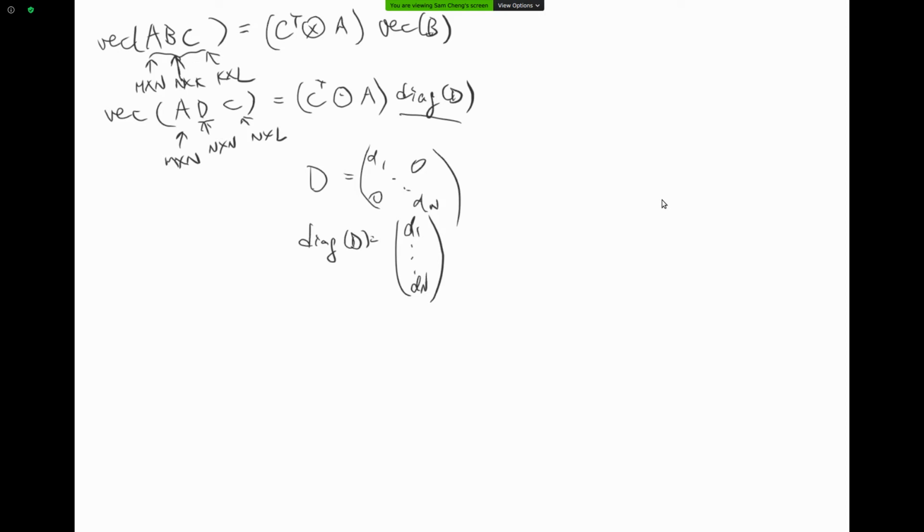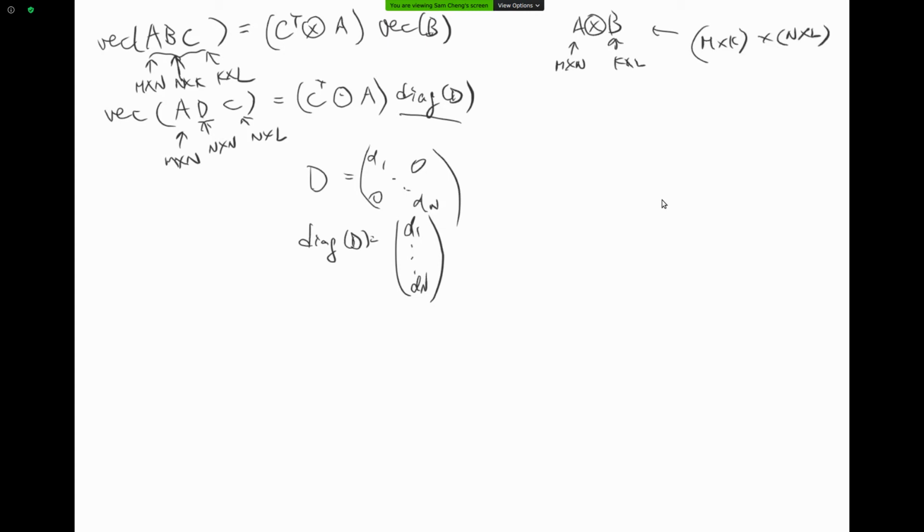If I have A Kronecker product B, let's say A is a matrix of m by n and B is k by l. This Kronecker product will give me a matrix of size m times k by n times l.